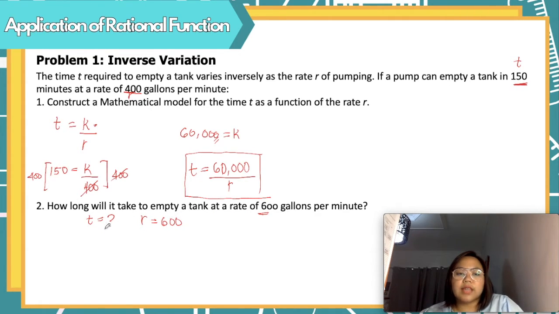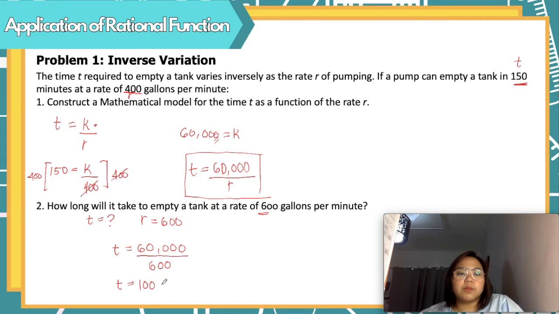To solve for time, we just have to substitute it to the mathematical model that we got from number 1. So this will be t is equal to 60,000 over 600. Sixty thousand divided by 600, t is equal to 100.